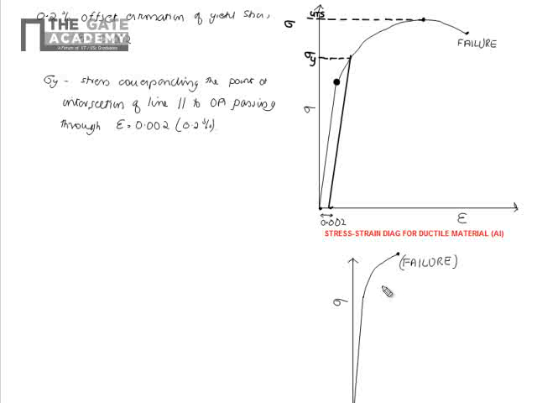But in brittle materials, there is no elongation or indication of failure. So we can say ductile materials, okay, before coming to ductile materials, I would like to stress upon two parameters called the percentage elongation.